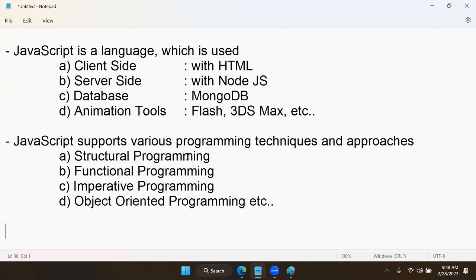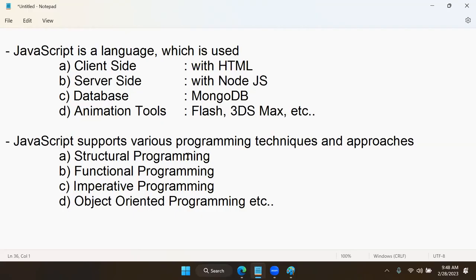All these are different programming techniques supported by JavaScript. JavaScript is a very huge language. It supports functional programming, structural programming, imperative programming, object-oriented programming, and all. Very important, you will learn what these programming techniques are once you start dealing with the language. Once you start learning any programming language, you will understand what is meant by structural, functional, and imperative types of programming.